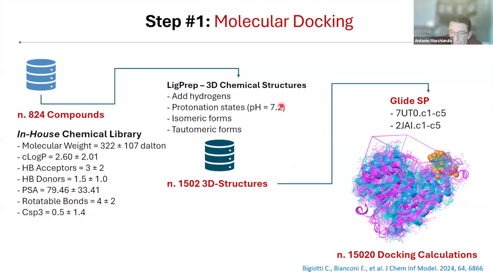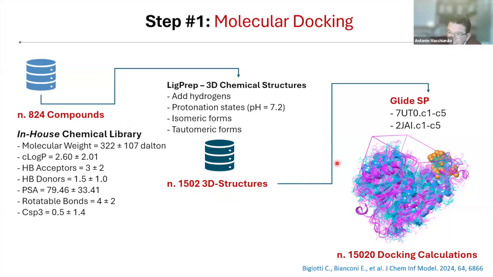Then these molecules were prepared for docking analysis using LigPrep, adding hydrogens, determining protonation states at pH 7.2, determining different isomeric forms, tautomeric forms, thus generating 1,502 three-dimensional structures of the starting library.